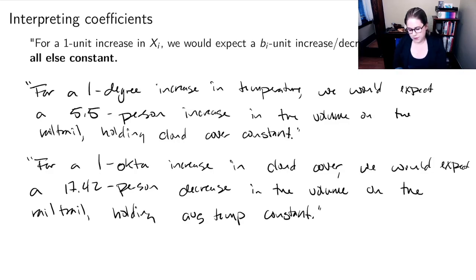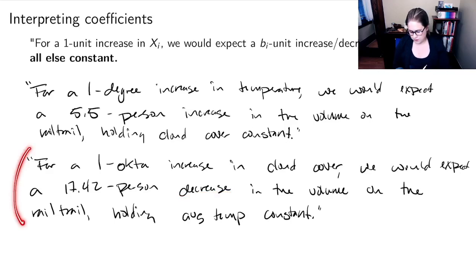One thing to note here: because I had a negative coefficient, I said it's going to be a 17.42 person decrease in the volume versus a 5.5 person increase in the volume. For a positive coefficient, you say increase. For a negative one, you say decrease.